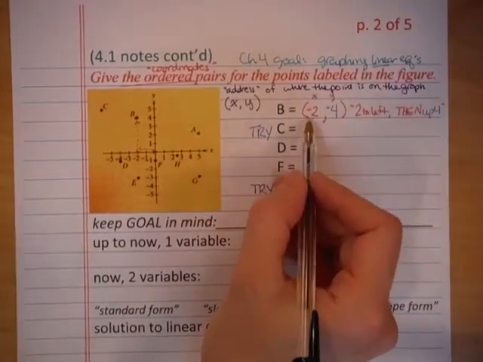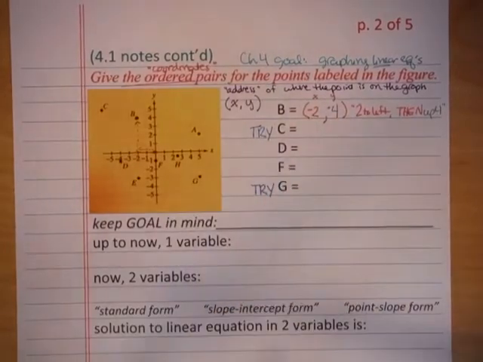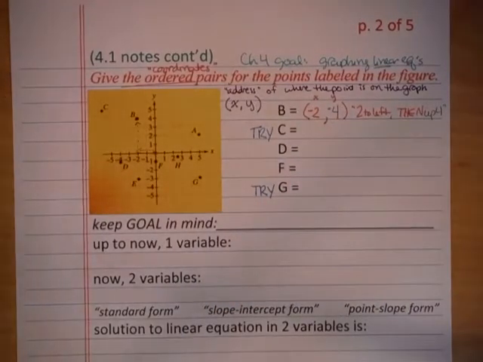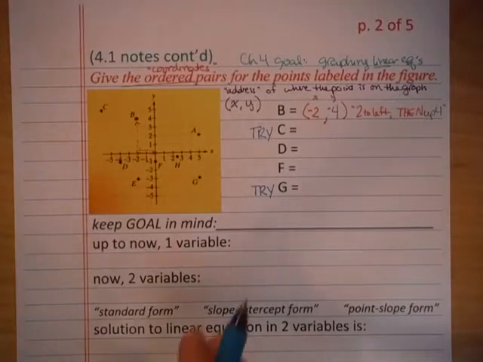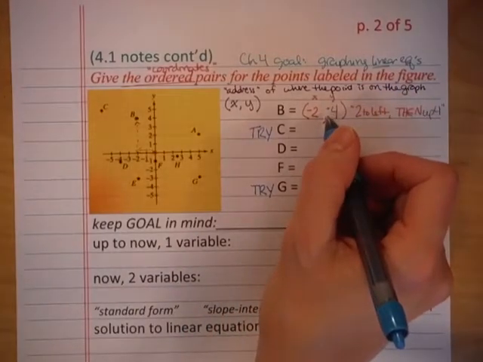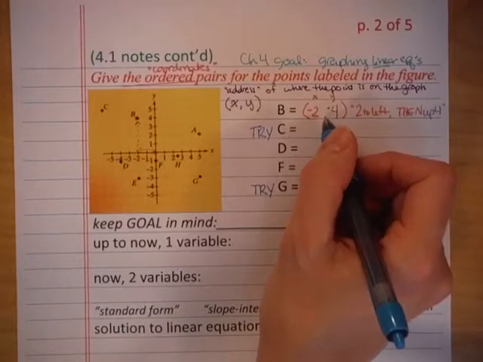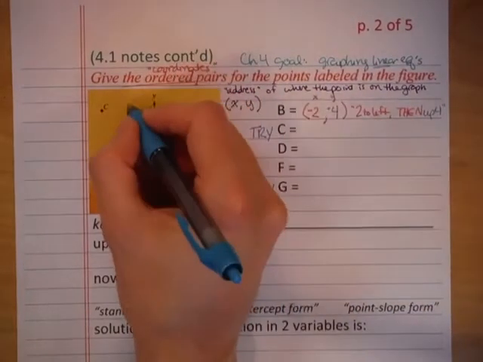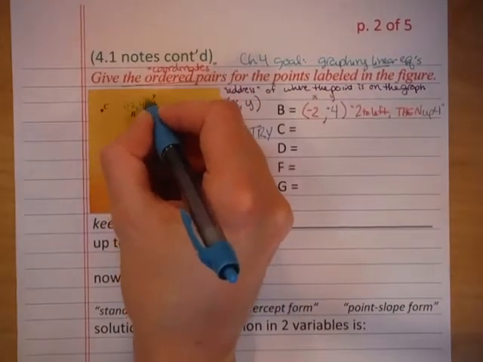So the coordinates for B are negative 2, comma 4. Or if you want to write the positive in there, you can. The positive is understood to be there when you don't see it. Okay, this is the point negative 2, 4.